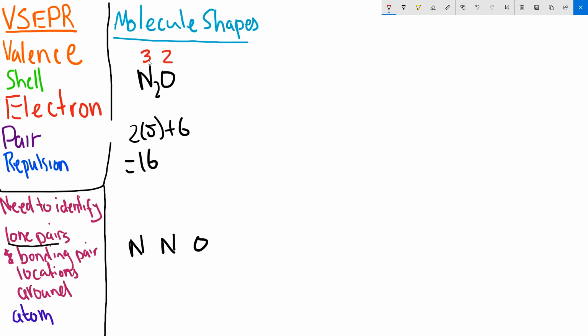Therefore, the atom with the highest valency goes in the middle. Going back to my Lewis structure, I quickly connect the two of them. That's using 4, and then I'm going to put valence electrons around the outside atoms.